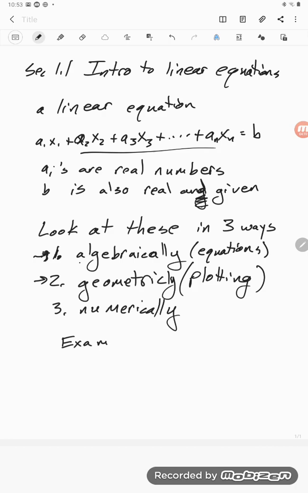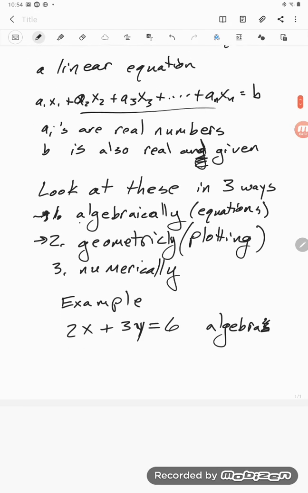And so, if we take something we're much more familiar with, the first example that they really give us in the text is, suppose I have something like 2x plus 3y equals 6. Then you see this is algebra. It's a symbolic way of relating this notion. And what does this mean?